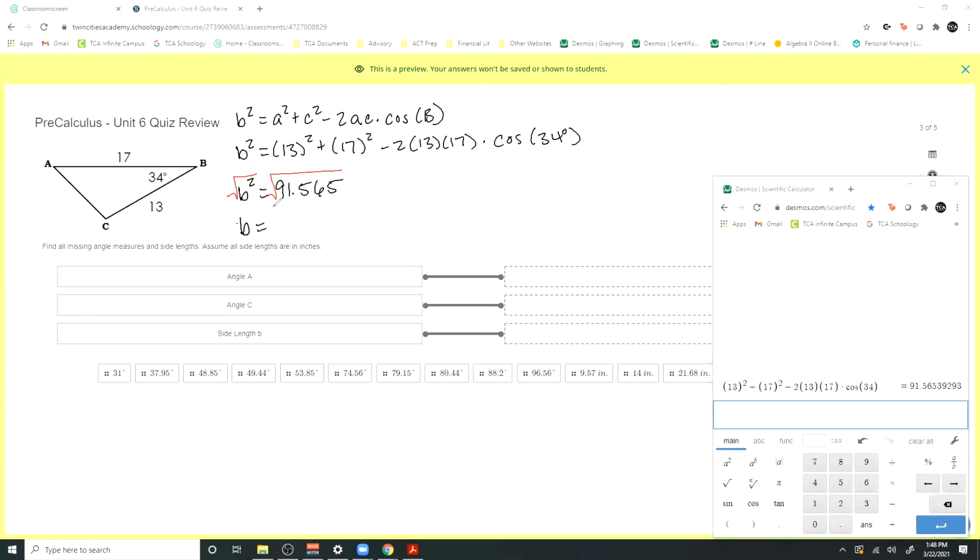B is equal to the square root, and I can just type ANS to pull up my last answer. So B is equal to 9.568 inches. We'll call it 9.57 to round up. 9.57 inches.